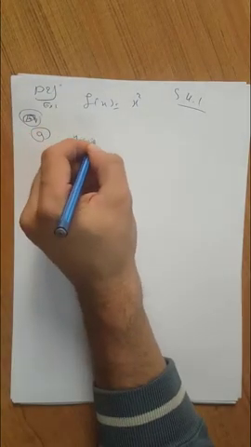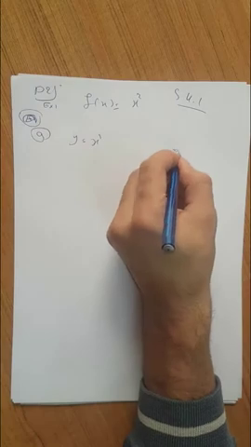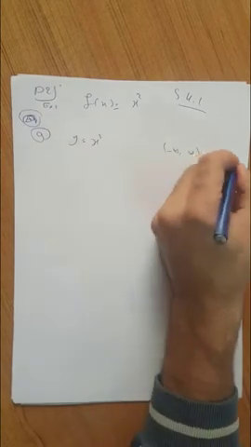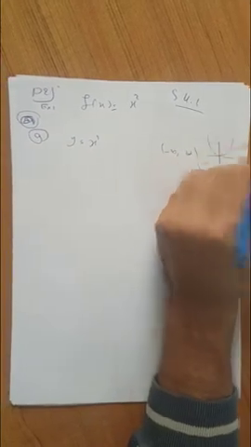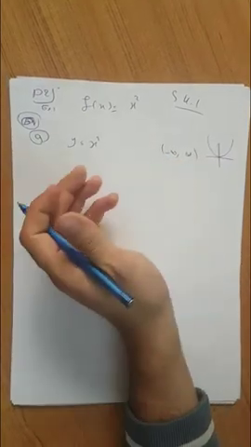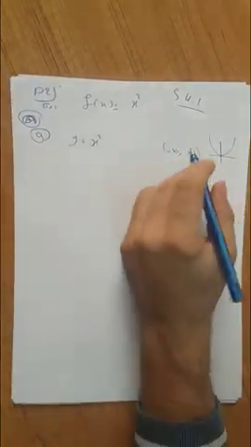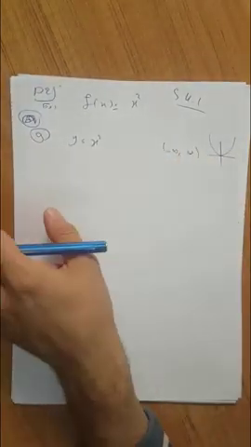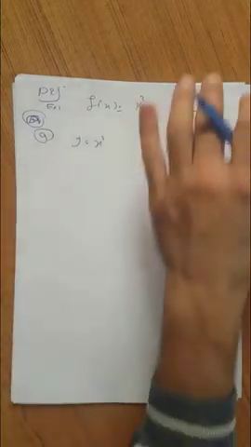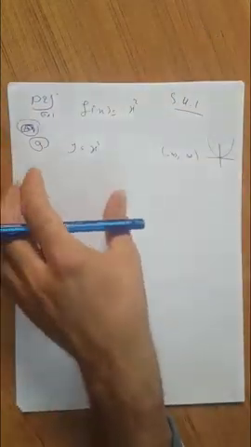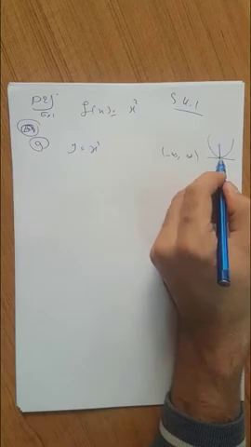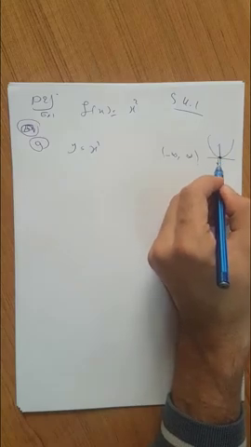Part A, he says y is equal to x squared, but in the whole domain. As you know, our function will be like that, the graph. So in that case, where's the absolute minimum and where's the absolute maximum? There is no value less than 0.